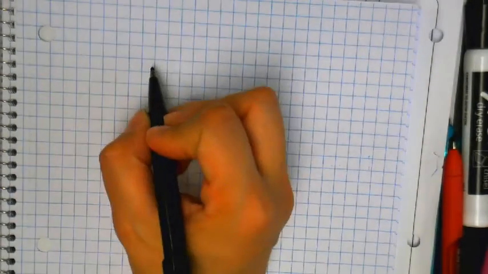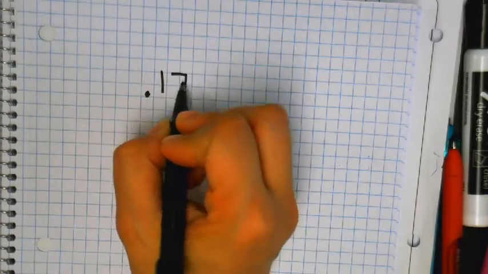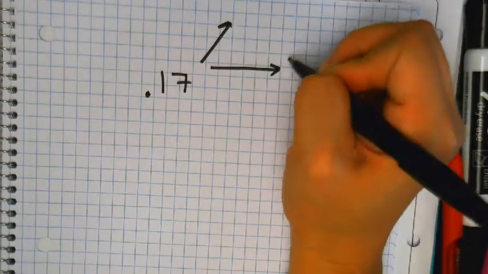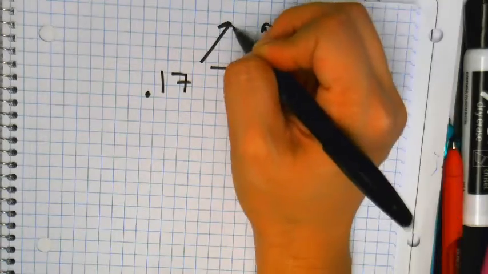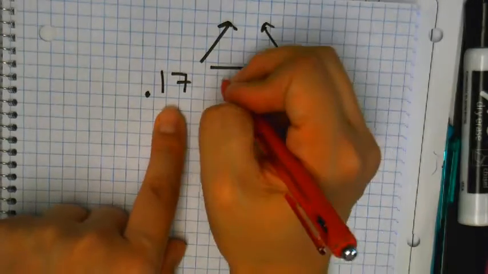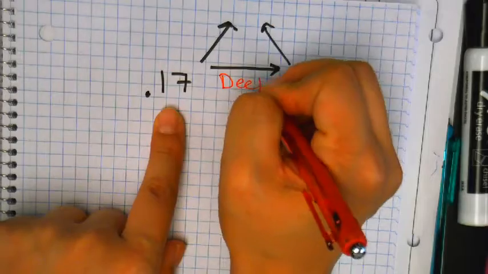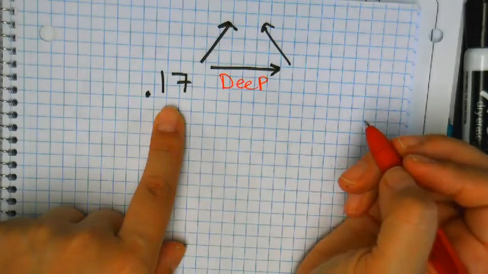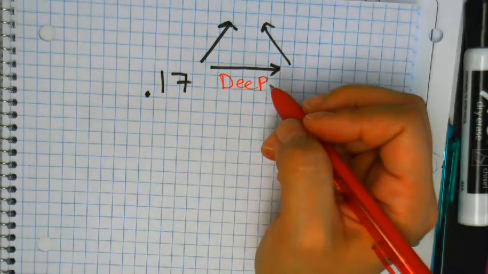If I give you the decimal 0.17, what would be my percent of 0.17? 17%.